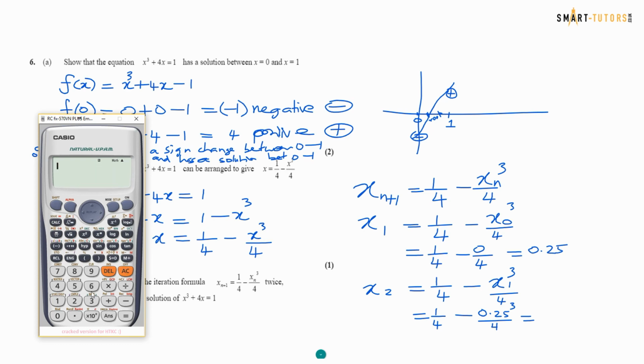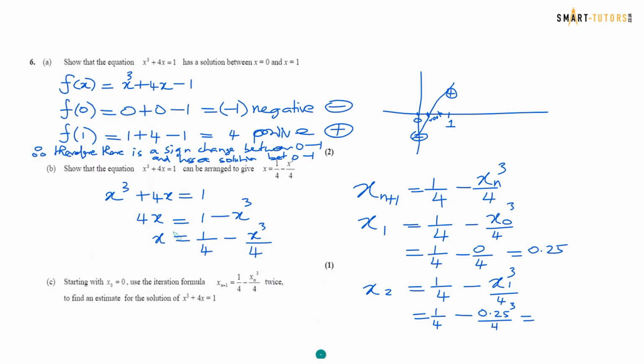Here you need to put the fraction 1/4. You can put 0.25 if you want. Then minus, and another fraction. I'm trying to bring the same thing that I wrote, so there won't be any confusion. So that is cubed, and after that 4, and the answer is 63 over 256, which is 0.24609 or something.